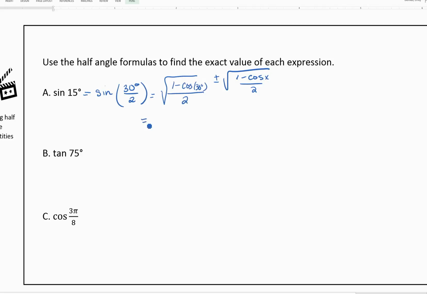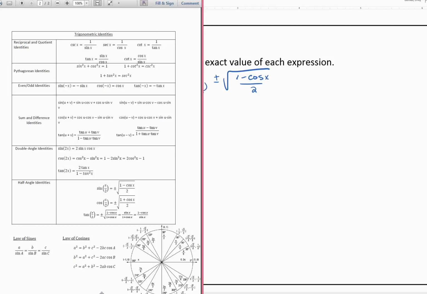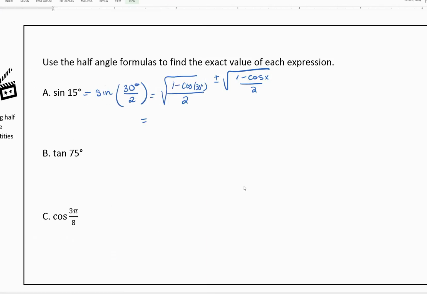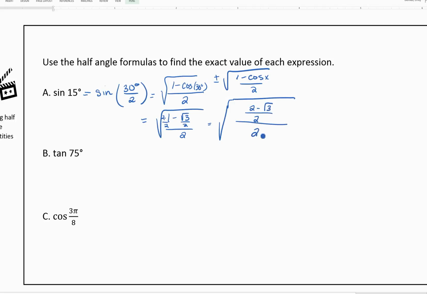Now we need the unit circle to look at cosine of 30 degrees. We go to 30 degrees, cosine is the x coordinate, so it's square root of 3 over 2. Okay, now we need to do some simplifying. This 1 we're going to multiply by 2 over 2, so that in the top half of this fraction we have a common denominator of 2. 2 times 1 is 2, so we have 2 minus the square root of 3 over 2, over 2.